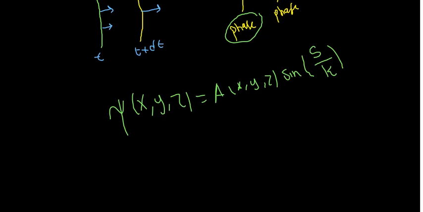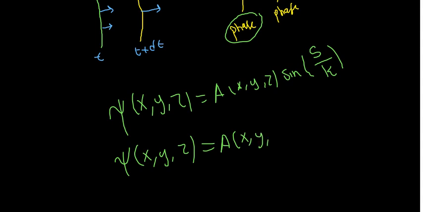We know the form for this function S here, so the next step is to substitute it by its value, which is W minus Et, over k. So far so good.